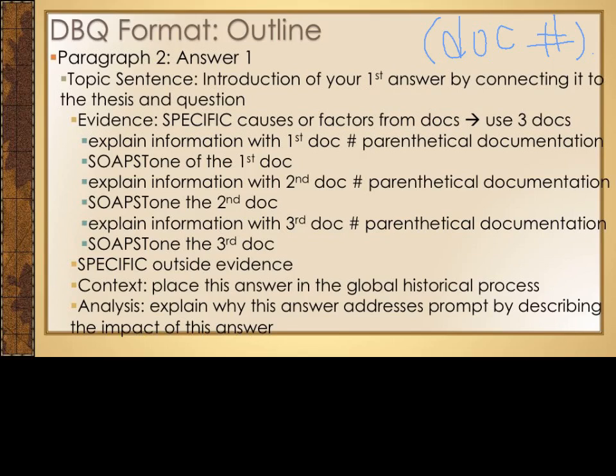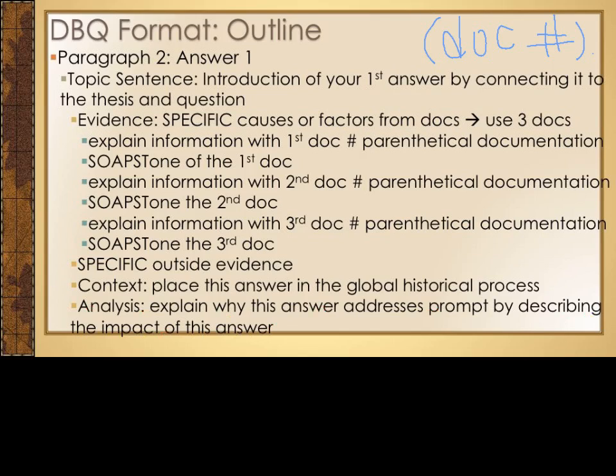Well, you also need to do that for each answer. Place this answer in the global historical process. Okay? The importance and the significance of this answer also needs to be put in context. It needs a place within world history. And then the last thing that you do is provide evidence for this same answer.